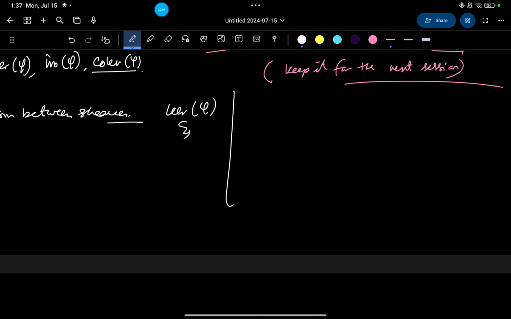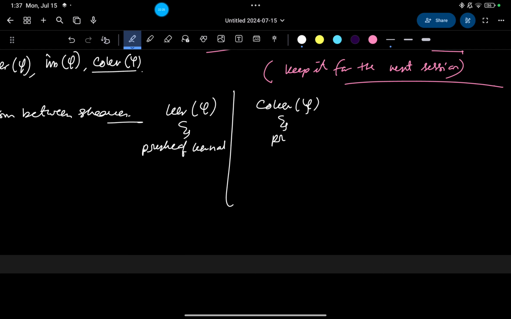This is said to be the presheaf kernel. You can talk about the co-kernel of phi.